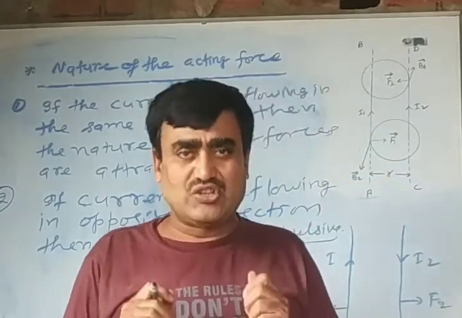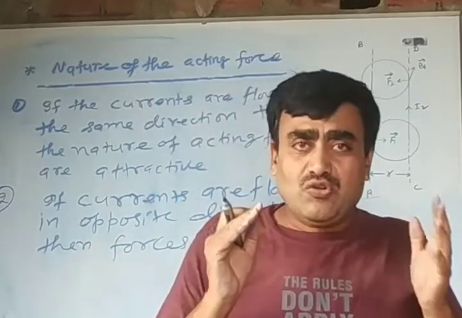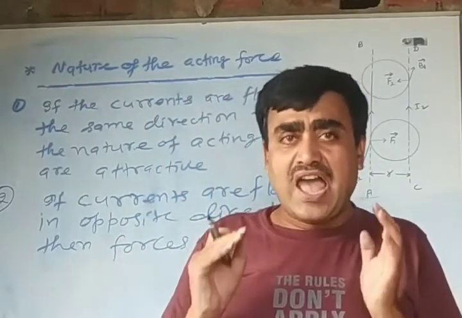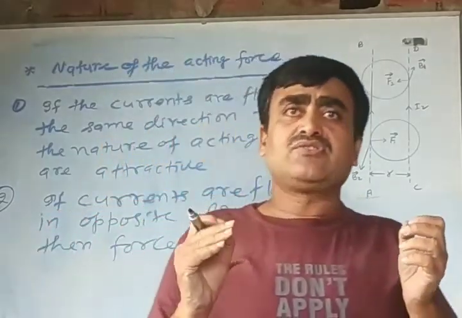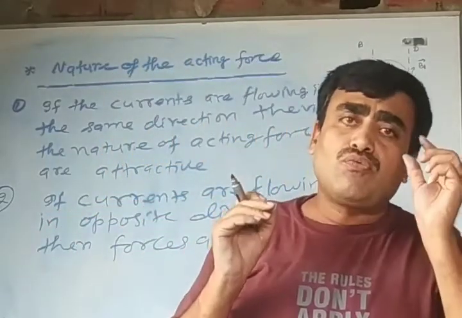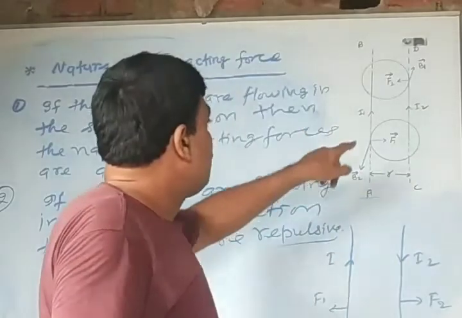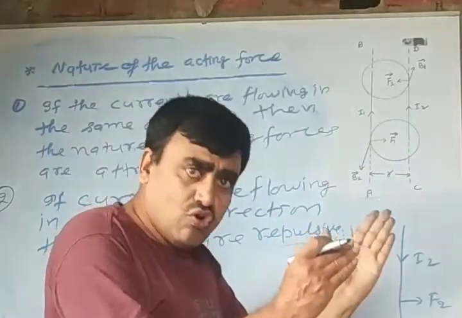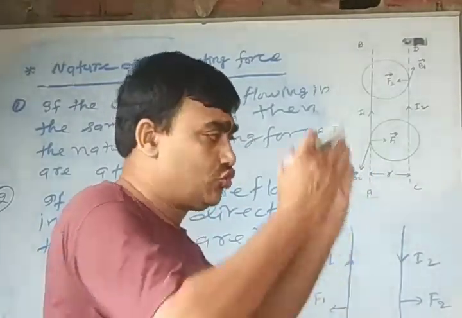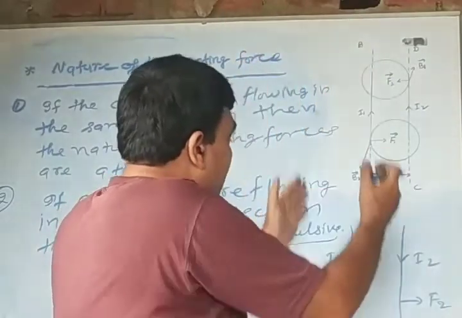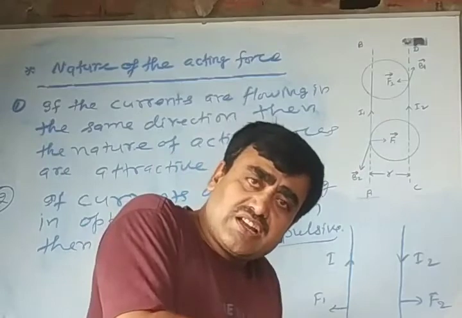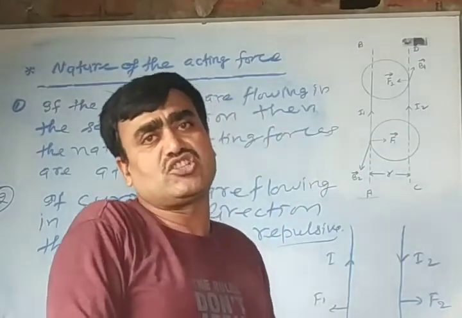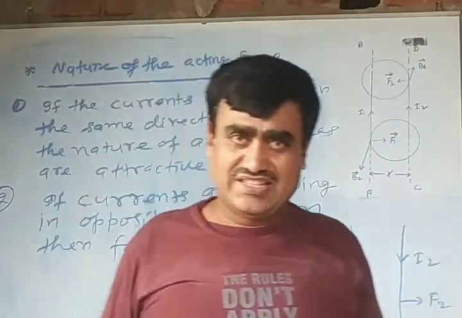On the basis of this rule, we are able to find the nature of the force acting between two parallel infinite current carrying wires when currents are flowing in same direction or opposite direction.